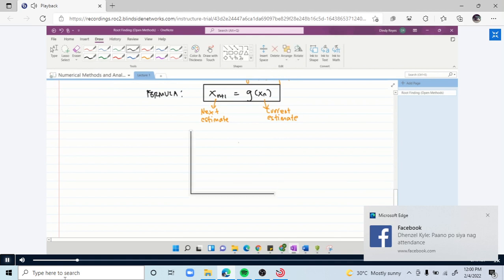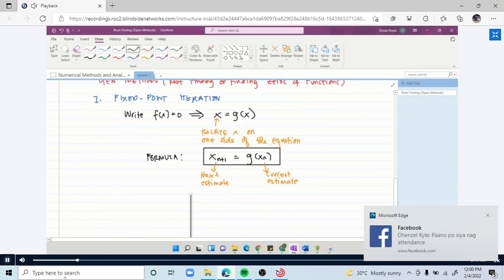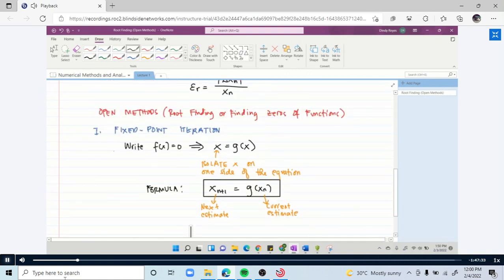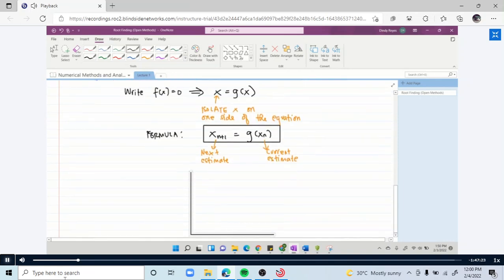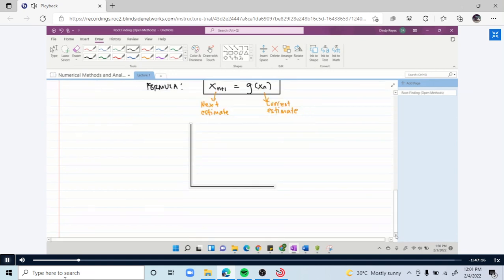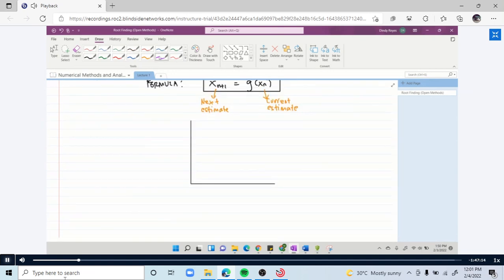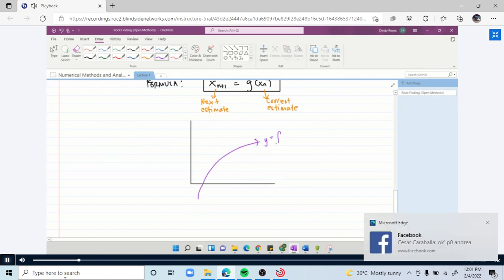For example, you have a function and then you equate your function to 0, equate f to 0. So you have not a function anymore, but an equation. Diba? Now, if you graph that function f of x, for example, this is our function. Ito yung y equals f of x.